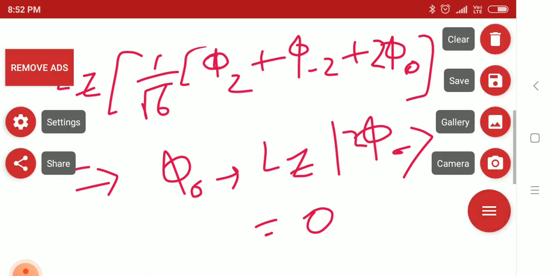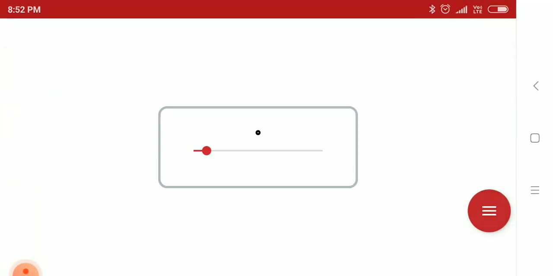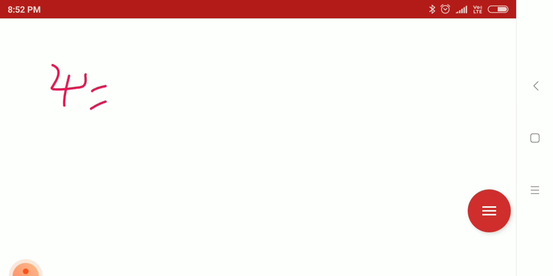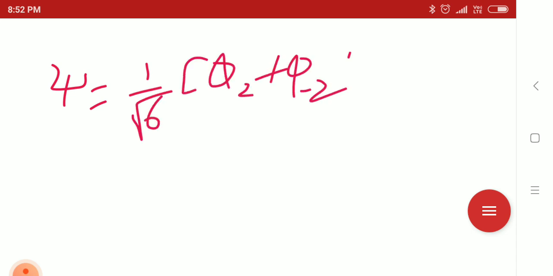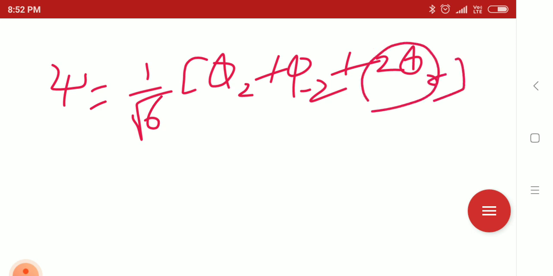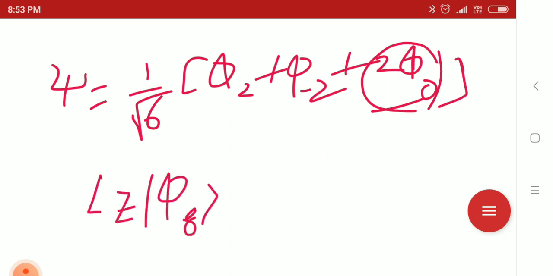Phi 0 means, let me write clearly. If we write the wave function in such a way that psi equals 1 by root 6 (phi 2 plus phi minus 2 plus 2 phi 0), now whenever Lz is operating on this portion 2 phi 0, that means m equals 0, phi 0, that means 0 h cut.